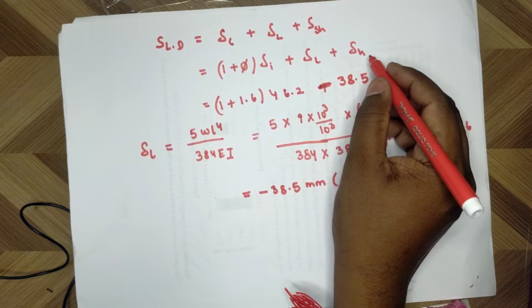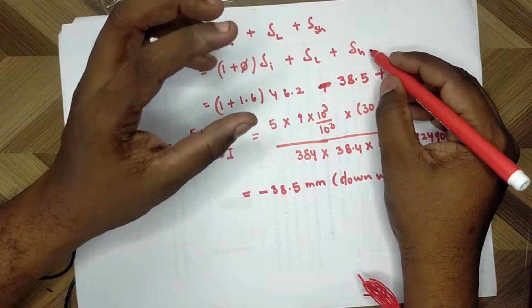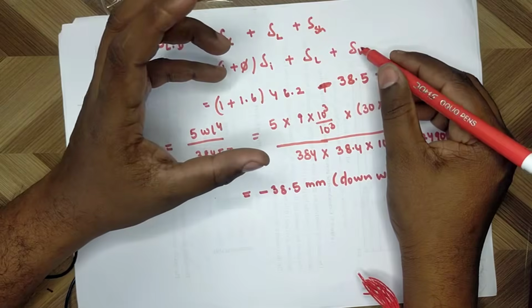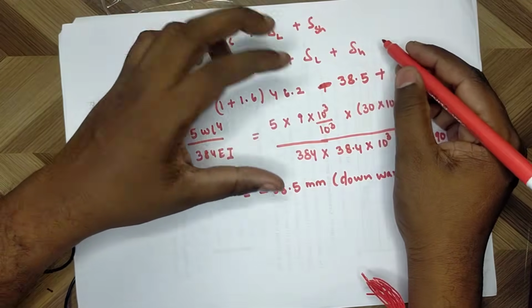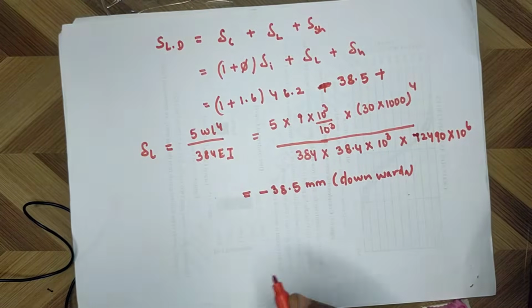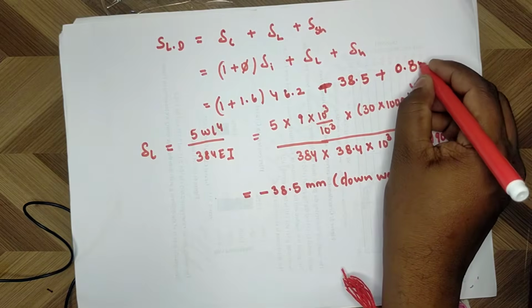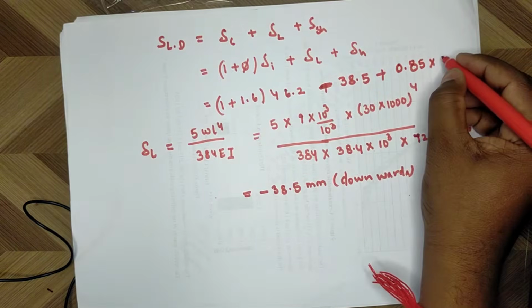Now deflection due to shrinkage. Generally the shrinkage is caused by sustained load, means dead load. How much loss is given? The loss is given as 15%. That means 0.85 times deflection due to dead load.